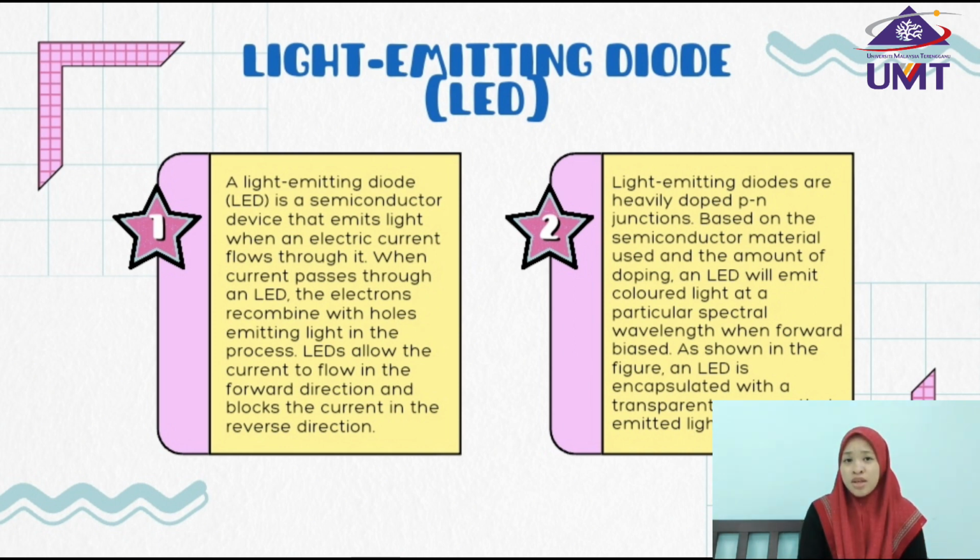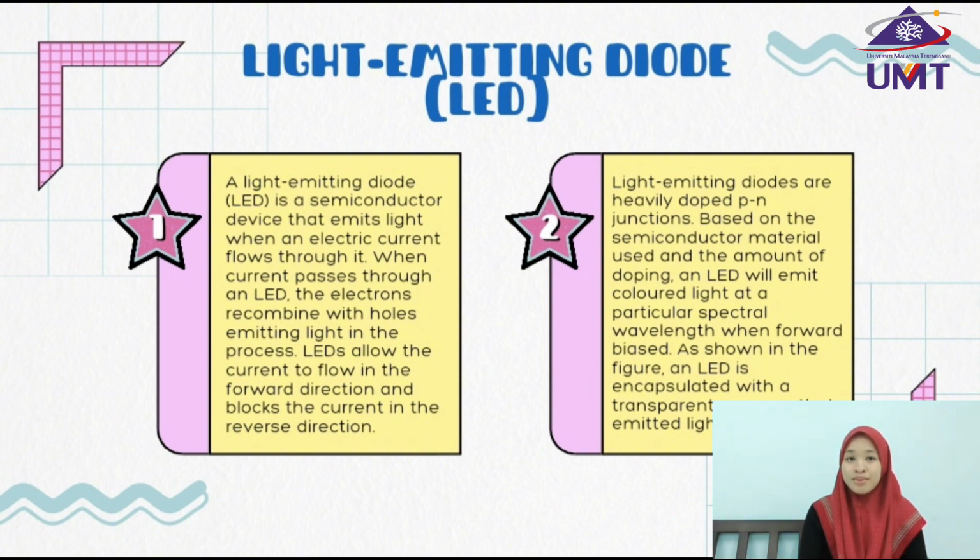Light emitting diodes are heavily doped PN junctions. Based on the semiconductor material used and the amount of doping, an LED will emit colored light of a particular spectral wavelength when forward biased. As shown in the figure, an LED is encapsulated with a transparent cover so the emitted light can come out.